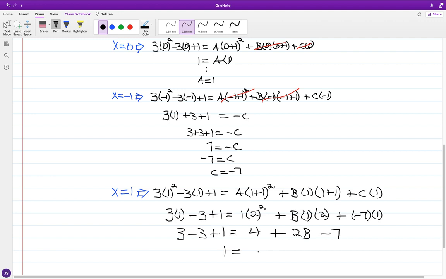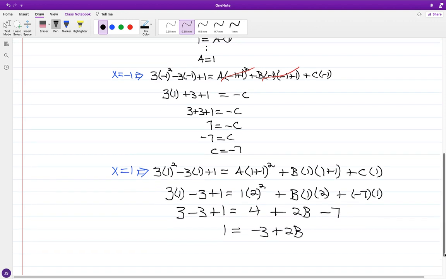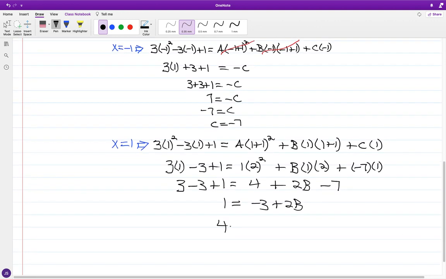3 minus 3 is 0, plus 1 is 1. 4 minus 7 is going to be negative 3. I have plus 2b. And if I add 3 to both sides, we have that 4 is equal to 2b. With division by 2, we have that 2 is equal to b, so b is equal to 2.